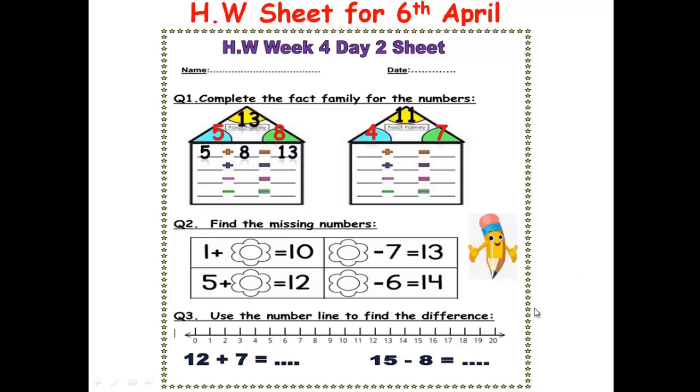Now let's go to question number 3. It is asking me to use the number line to find the difference. I have here 1 plus and I have 1 minus. Now 12 plus 7 equals what? I need you here to use any strategy you would like according to the operation.